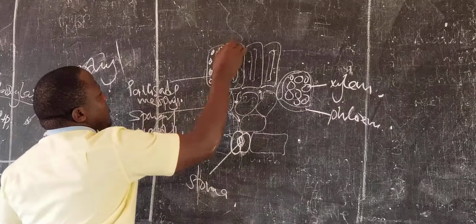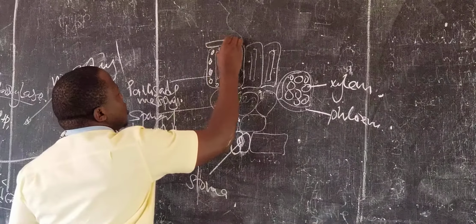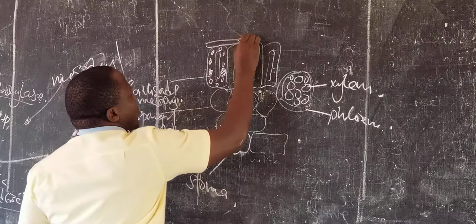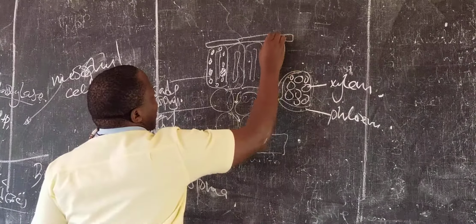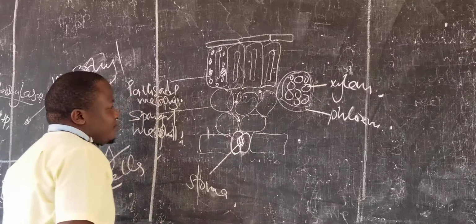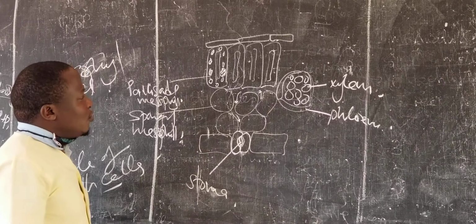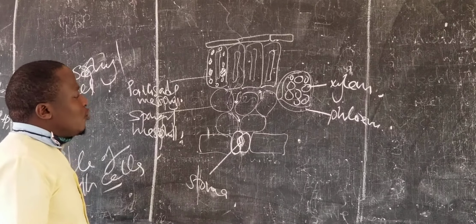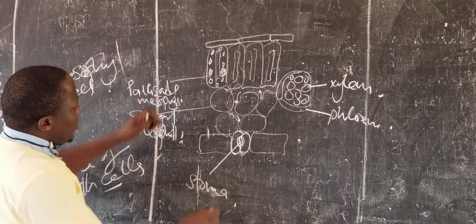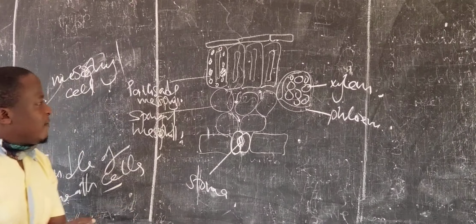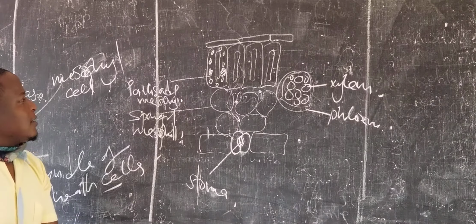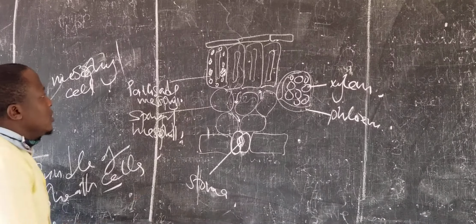Of course, the palisade mesophyll layer has a thin line of cells alongside it. And this one here should be a cuticle. We can call it a shiny cuticle. Now, when you look at the thickness of the leaf, it would have that structure generally.